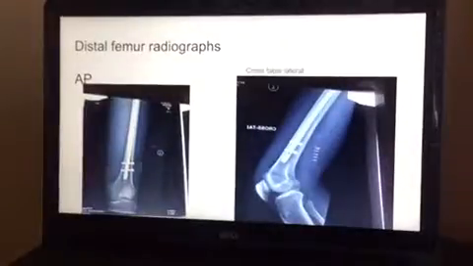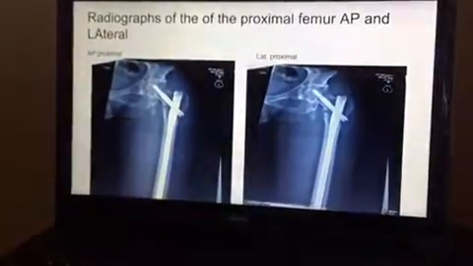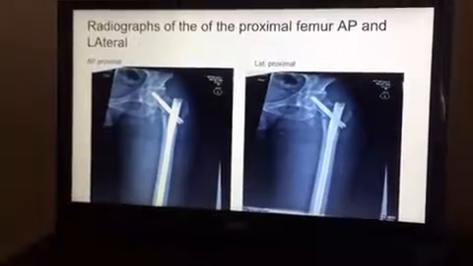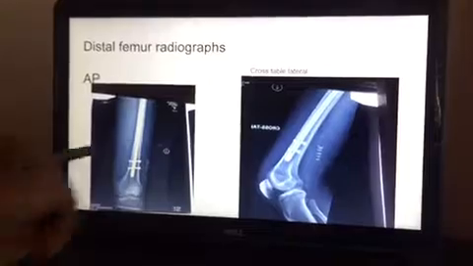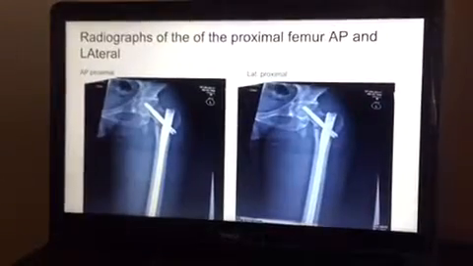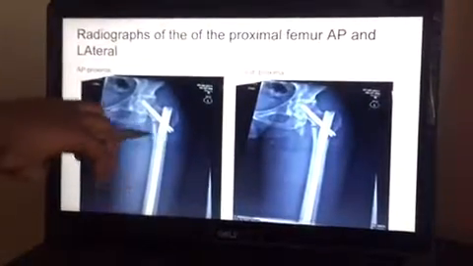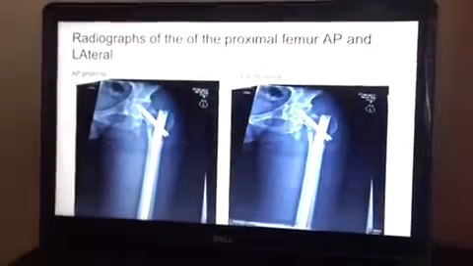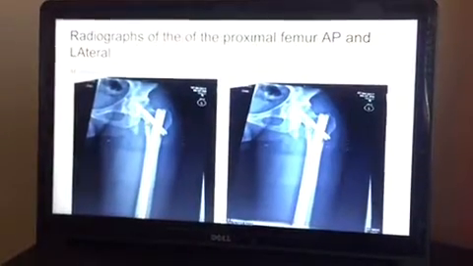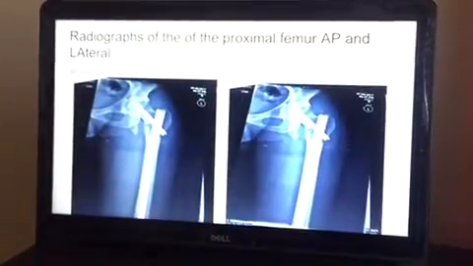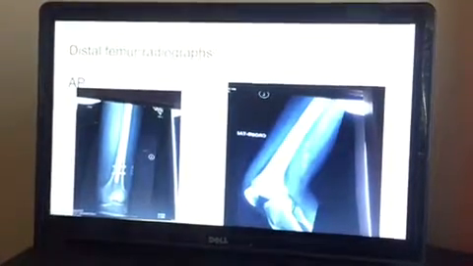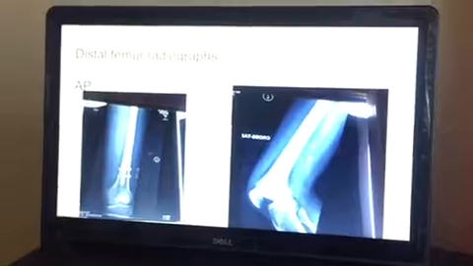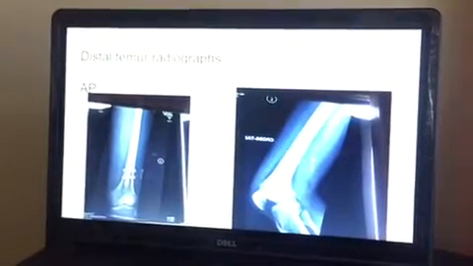So as you can see on my radiographs, the rod comes all the way to the knee. So that means the fracture occurred in between the shaft and the head of the femur. That's why they put the long rod to stabilize it for the treatment of the fracture.